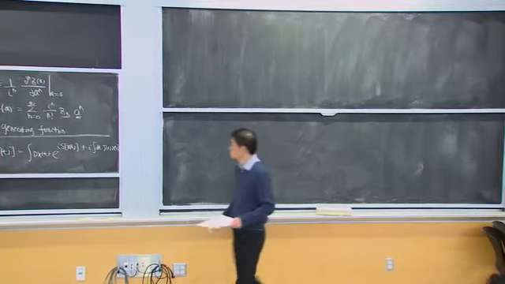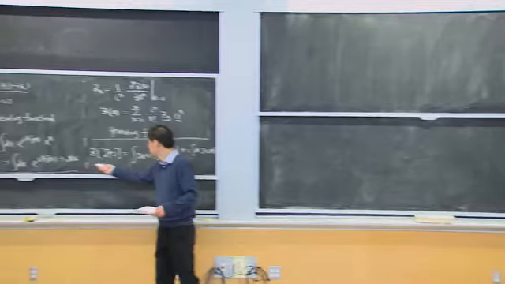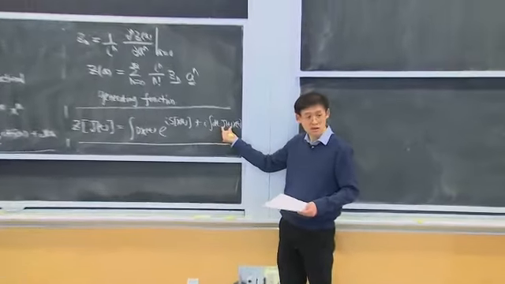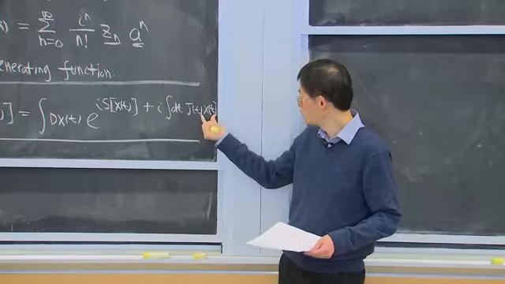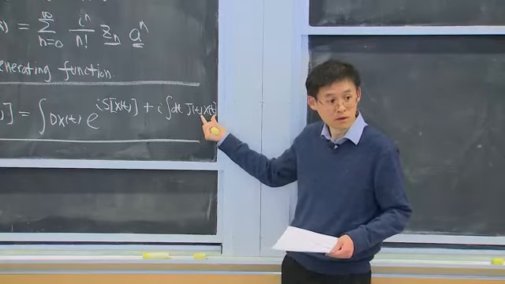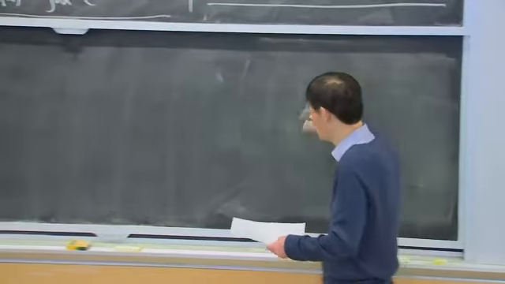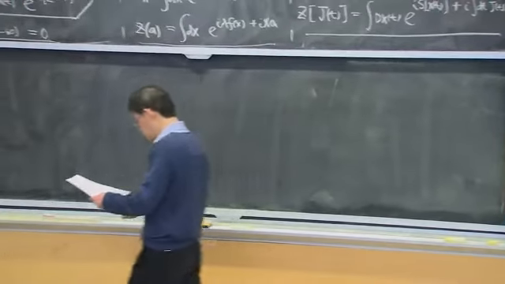So now, similarly, if we take a functional derivative with respect to J(t), then we can bring down a factor of x(t). More explicitly, let me remind you of the rule of doing functional derivative.